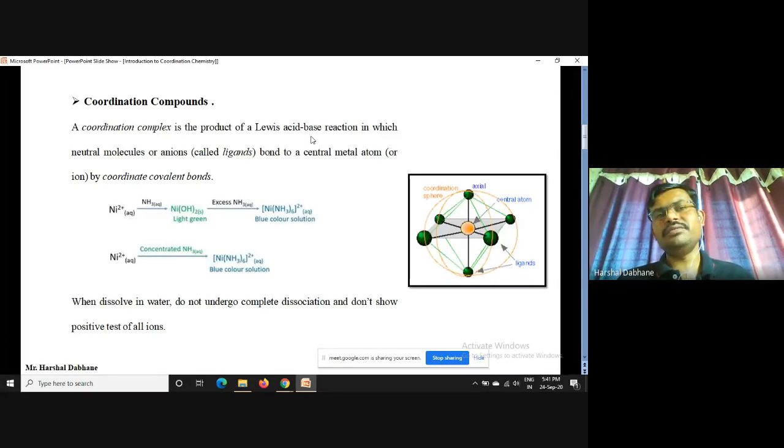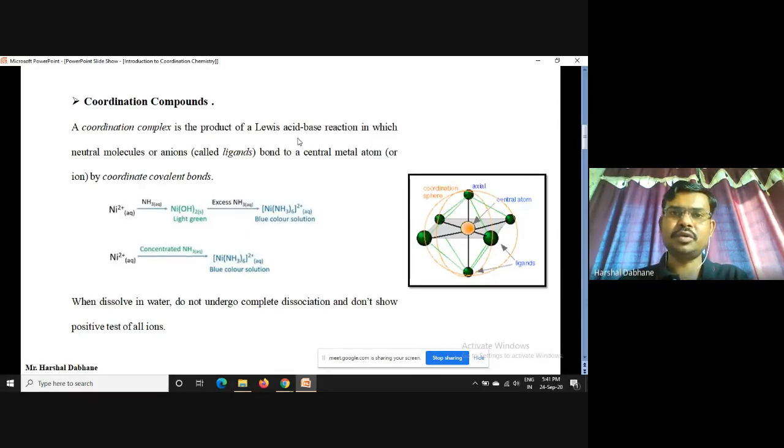According to the Lewis theory, the compound which donates the electron pair is the Lewis base, and the compound which has the ability to accept the lone pair is the Lewis acid. The base is the electron donor, and the acid is the electron acceptor. So when we have a metal, it can provide empty orbitals, meaning it is able to accept the electron pair.